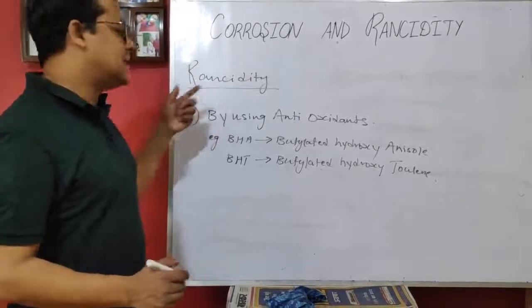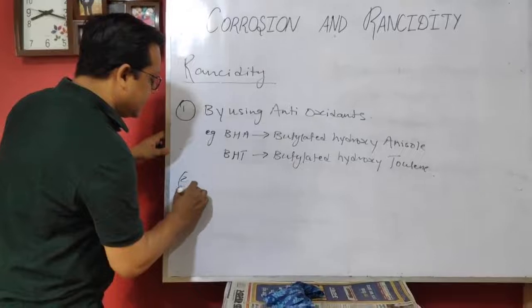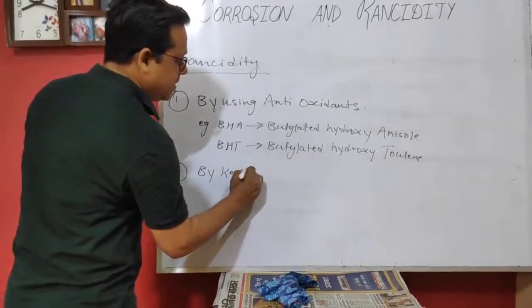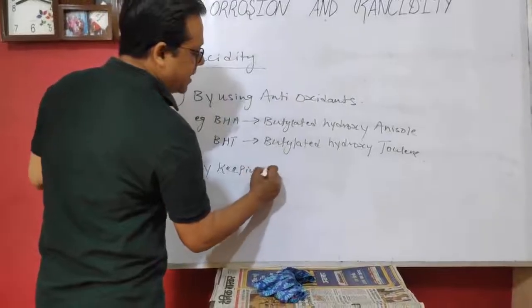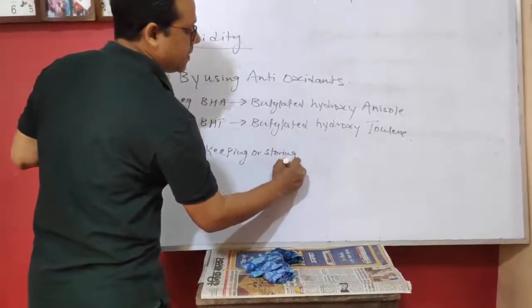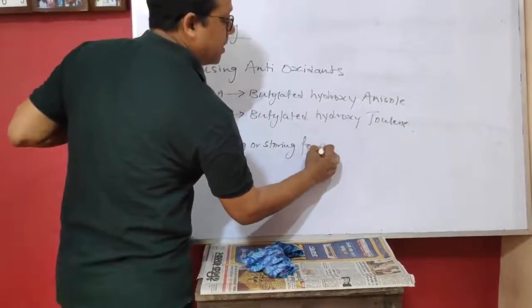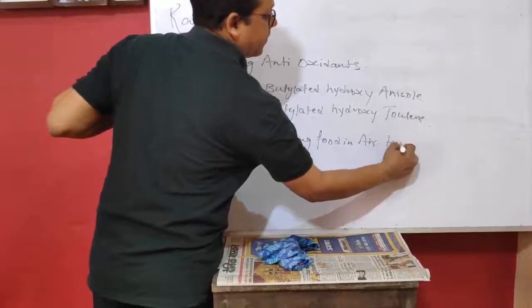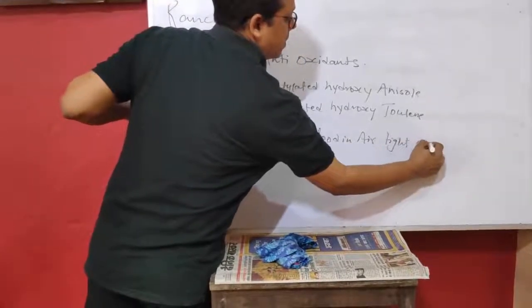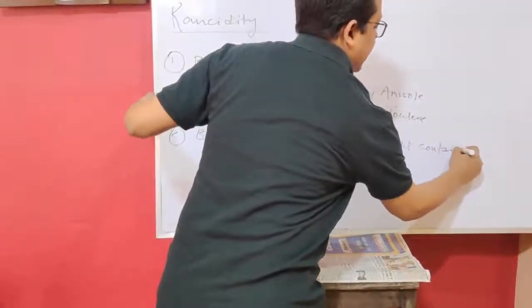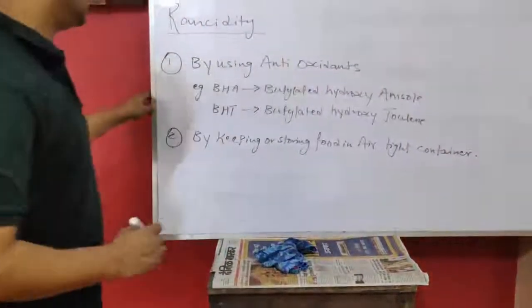Second is by keeping or storing food in an airtight container so that it does not come in contact with oxygen.